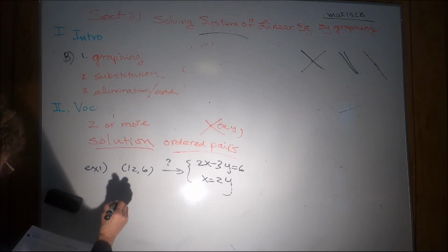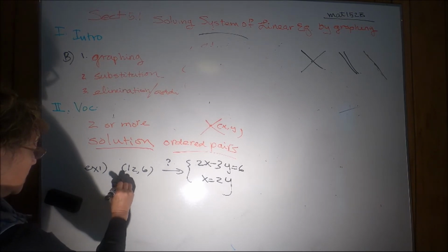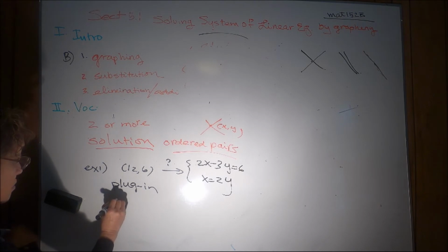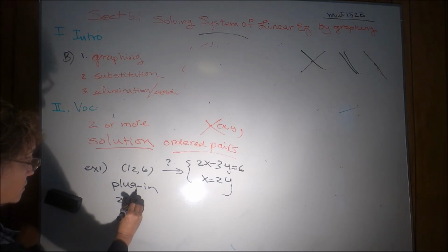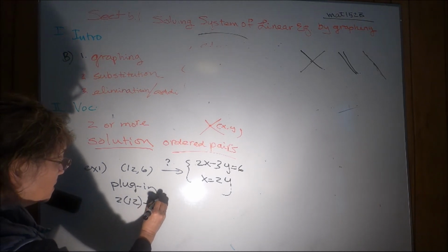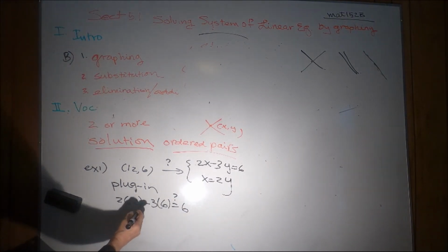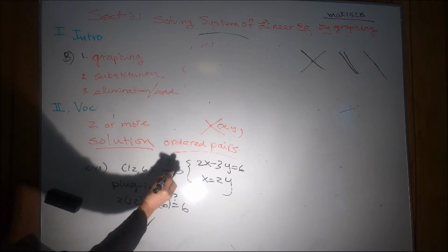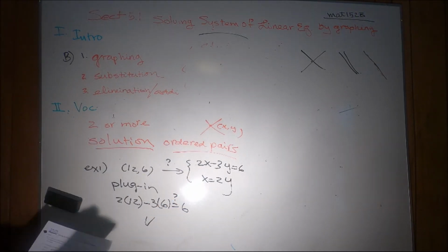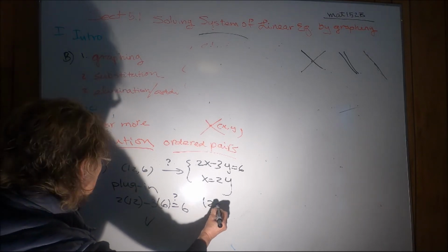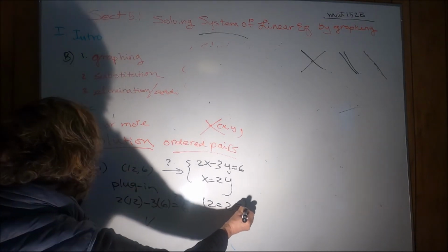So we plug in the first one. So x is 12, 2 times 12 minus 3 times 6. Is that 6 for your first equation? 24 minus 18 is 6. Yes, it works. How about the second one? On the second equation, is 12 equals 2 times 6?